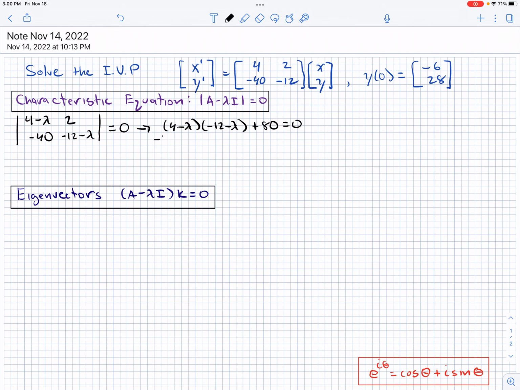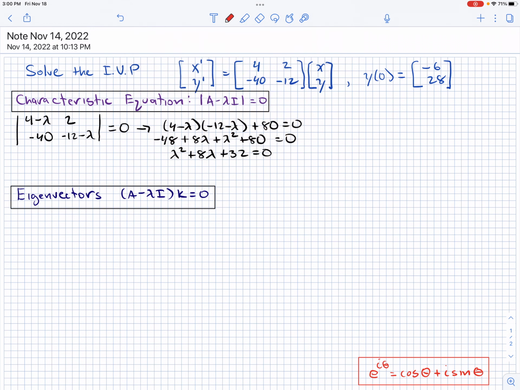Multiplying all this stuff out, we get negative 48 plus 8 lambda plus lambda squared plus 80 being equal to 0. That gives us lambda squared plus 8 lambda plus 32 being equal to 0.